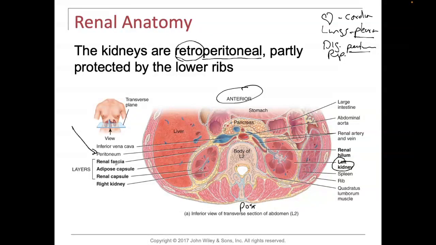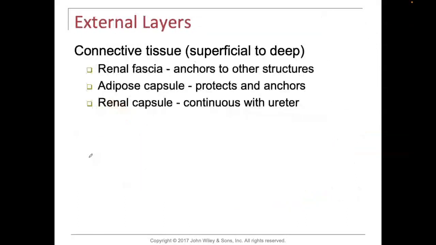We can also see that we have three other layers that protect the kidney. We have fascia, we have fat, and we have the renal capsule, all responsible for insulating and protecting the kidneys. We have these different layers, again, retroperitoneal. So the renal fascia anchors to other structures.